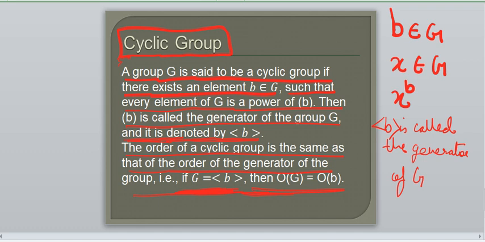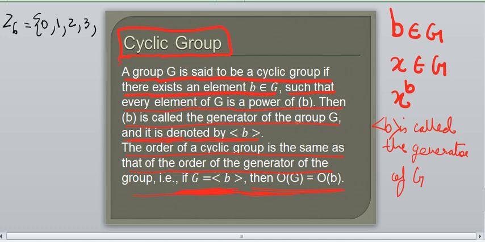Look at this. Let's take an example. What can I think of? Let's say I think of Z6, which has 0, 1, 2, 3, 4 and 5. This is a type of cyclic group.